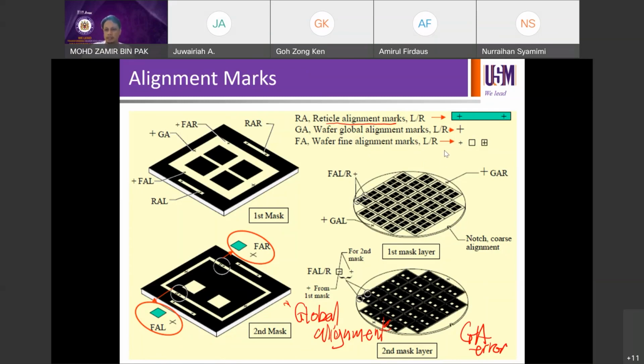Kadang-kadang just a push of a button, yeah, then it can fix. You can research, you can revisit the location, and once found, then the exposure will start. So if the alignment mark couldn't be found, then the exposure will not start. So that means your exposure process will not start.